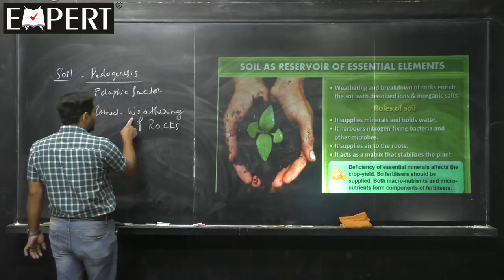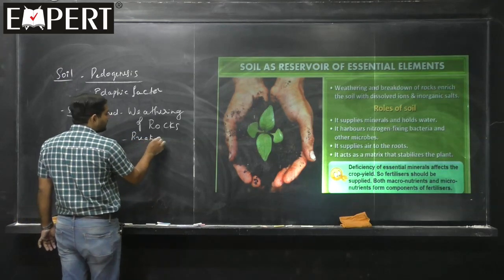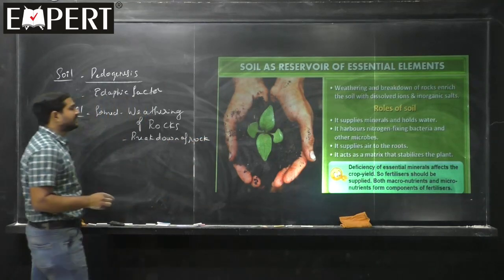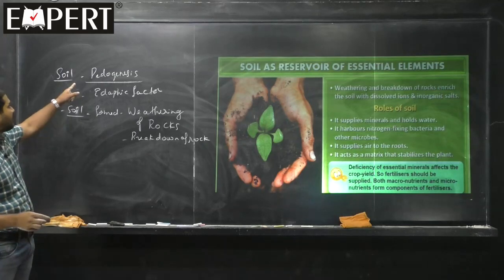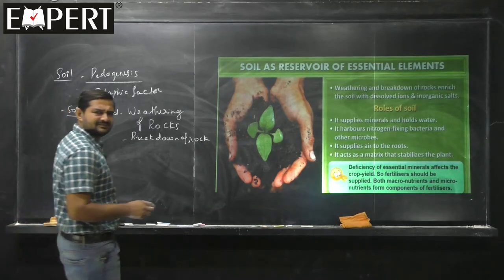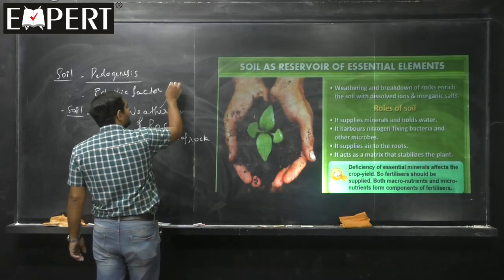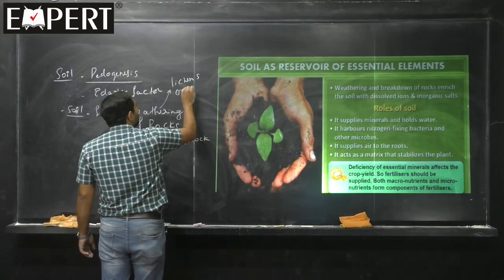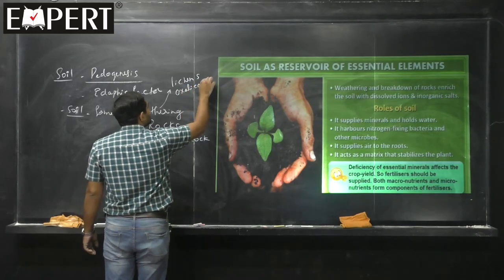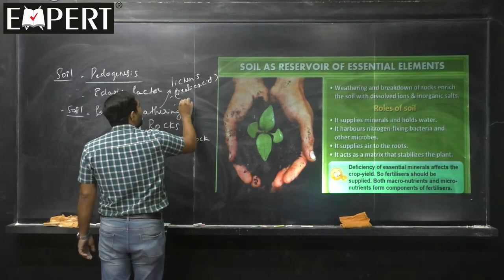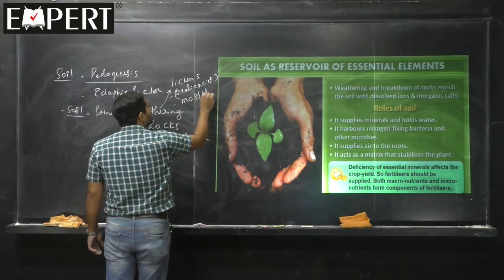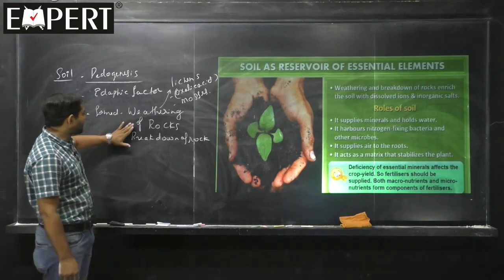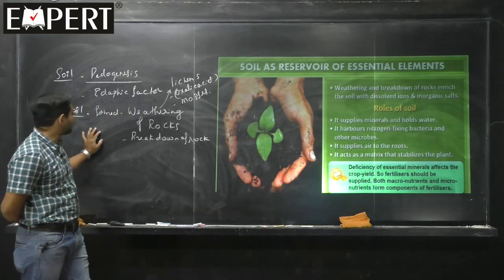So the breakdown of rock, and weathering of the rock leads to formation of soil. If you remember, lichens help in the weathering process by producing oxalic acid, and mosses help in the weathering process. These all things we have studied earlier. So weathering and breaking of the rocks leads to formation of soil.